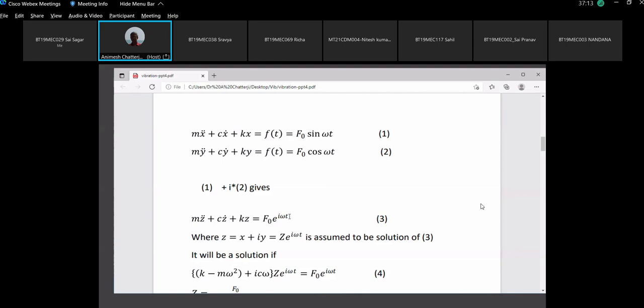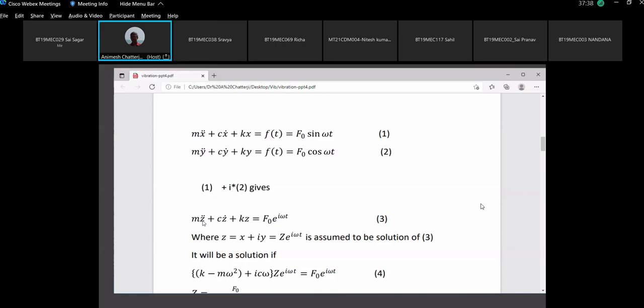Your question will be, we were far better off having equation 1 and equation 2, because everything was a real variable. Why did we create this equation where force is a complex variable and displacement is also a complex variable?